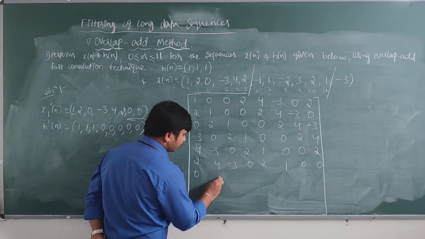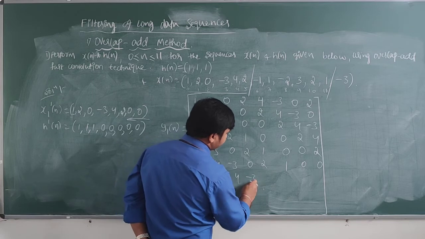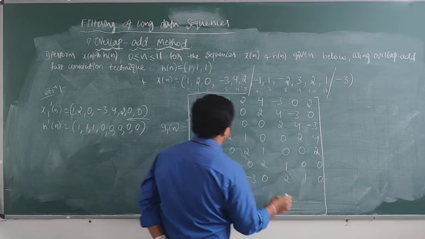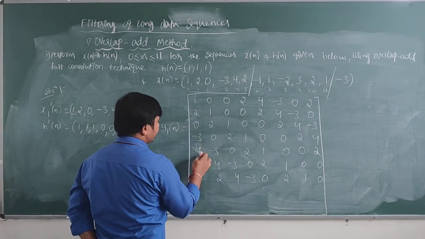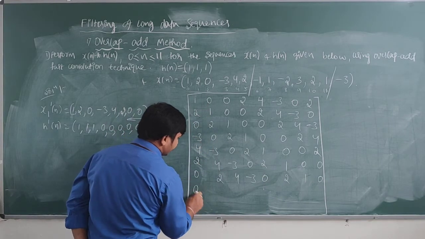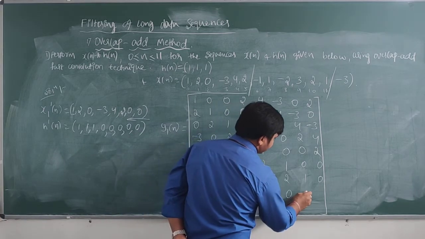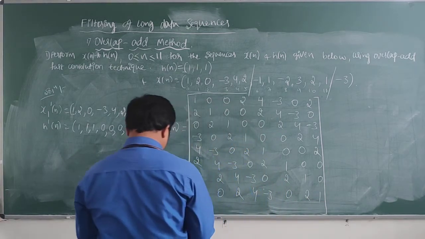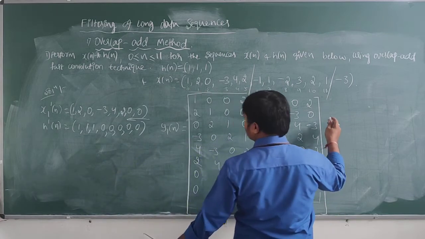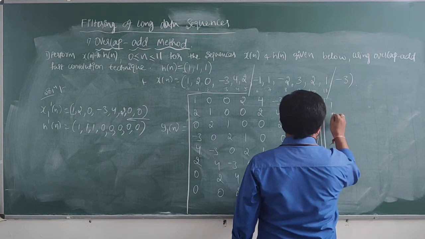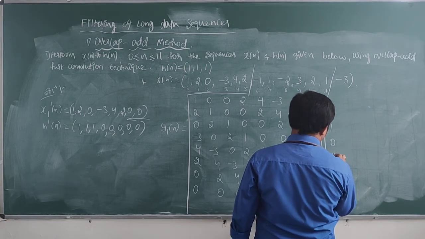Then 0, 2, 4, minus 3, 0, 2, 1, 0. That is 7 rows, and the last row is 0, 0, 2, 4, minus 3, 0, 2, 1. And I have h dash of n, which is equal to 1, 1, 1, 0, 0, 0, 0, 0.